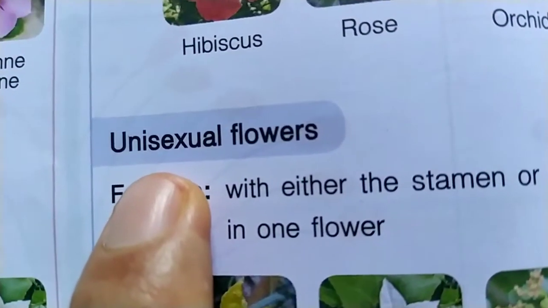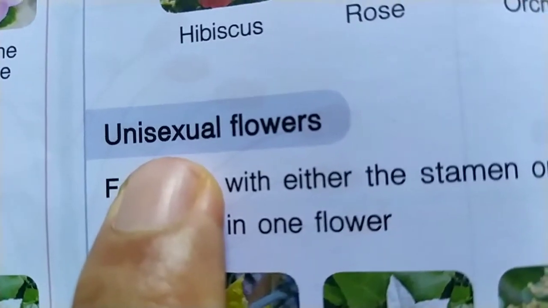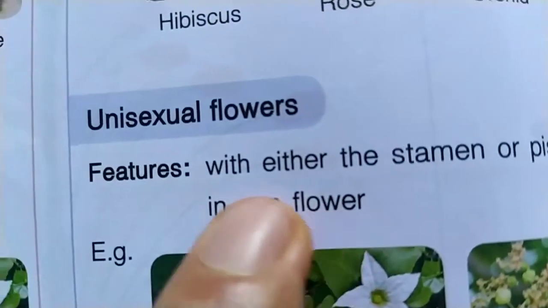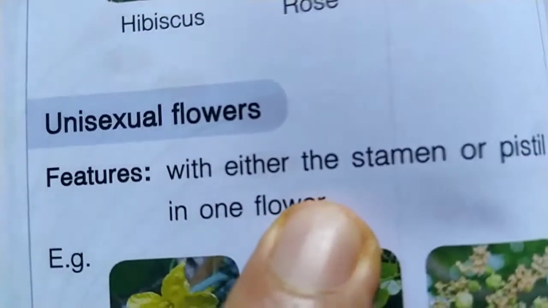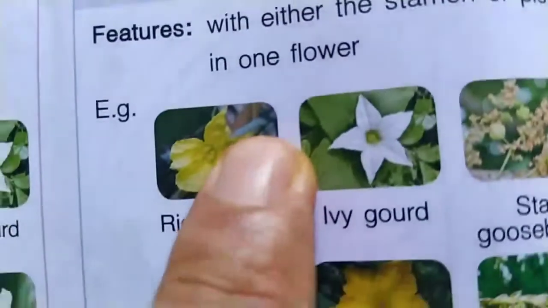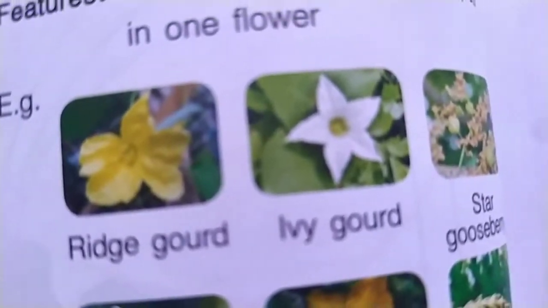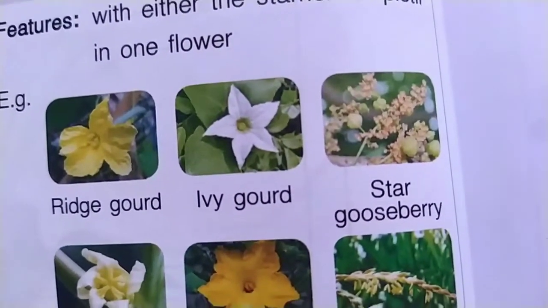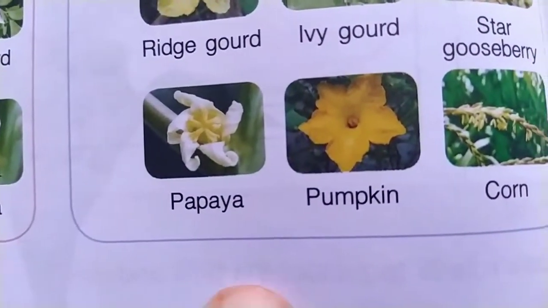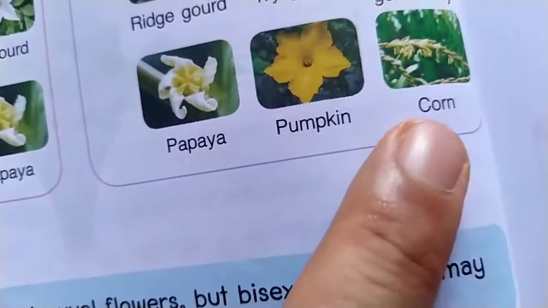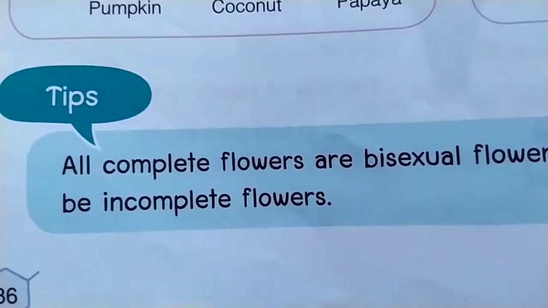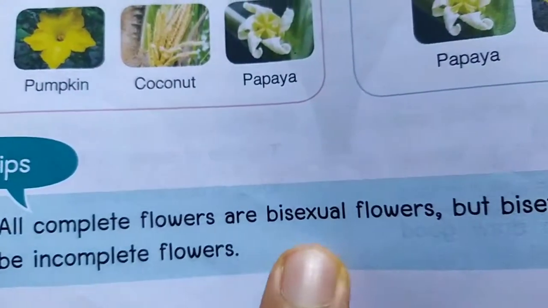Some are uni. Uni means one. Unisexual flowers, with either the stamen or pistil in one flower. Look at that one. Ridged gourd. Okay? Ivy gourd, star gooseberry, and papaya, and pumpkin. Alright, and corn.